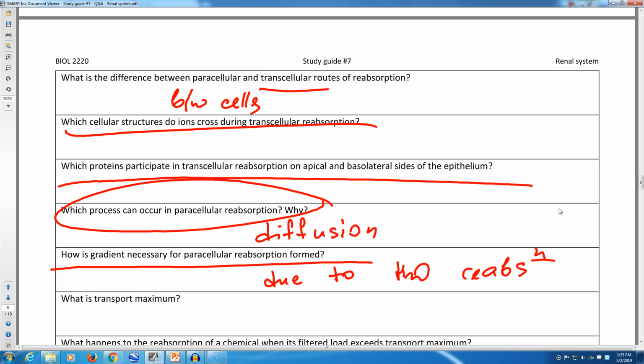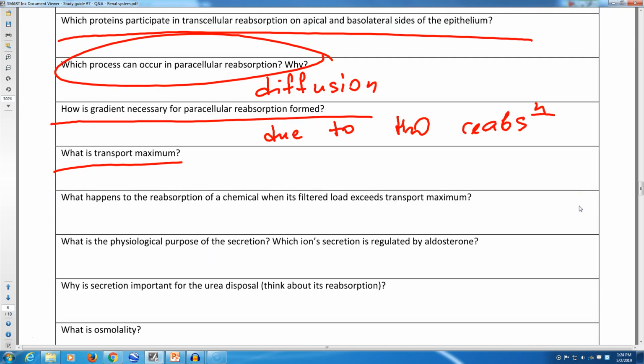reabsorption. Transport maximum is the maximum amount of a chemical that can be transported across the tubular epithelium in a given time. When the load exceeds the transport maximum, reabsorption reaches transport maximum, and the chemical is secreted.